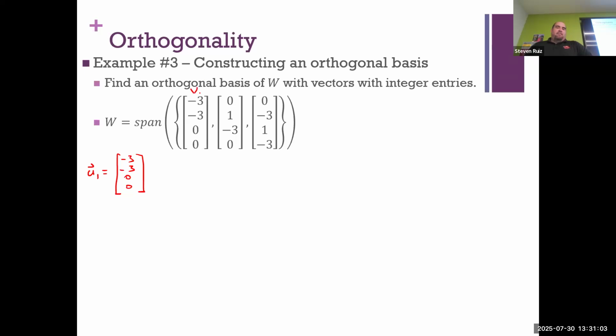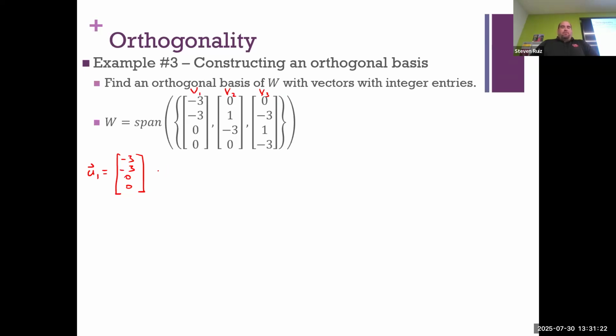And kind of in general, the names I'm using, the things that were given, the basis vectors were given, I'm assigning those v. And the new vectors we're getting, I'm calling them u, just kind of arbitrarily, just to keep them organized. So I'm going to take u1 as equal to v1.